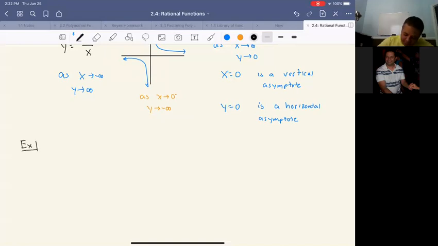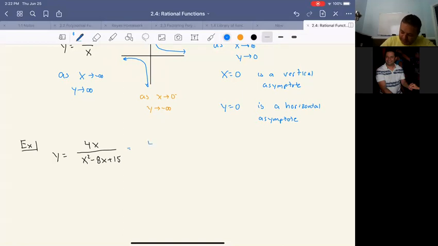Let's take y equals 4x over x squared minus 8x plus 15. Okay, so the first thing that we're going to do is factor that denominator.